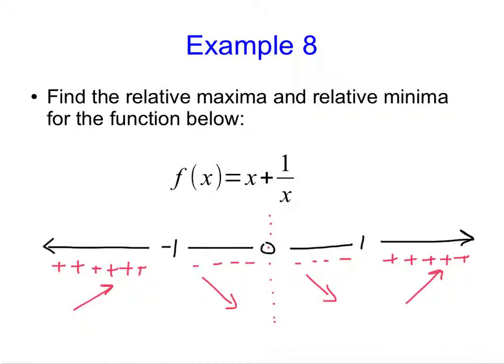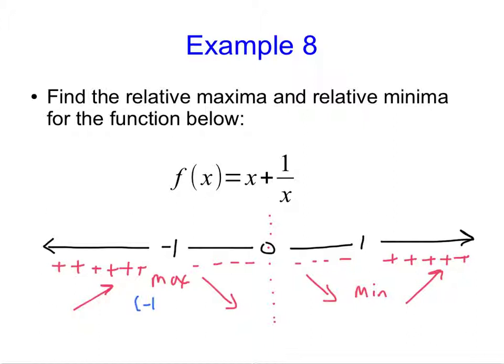So what that tells us is we have a max, relative max, at -1 and a relative min at 1. And the way we figure out those values is plug it in. So when I plug in -1, I get -1 plus -1, which is -2.